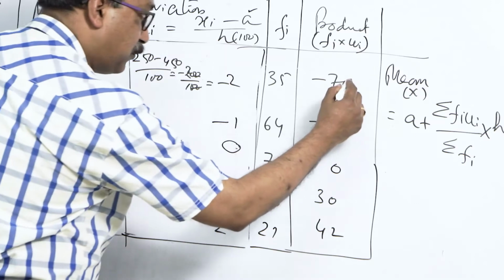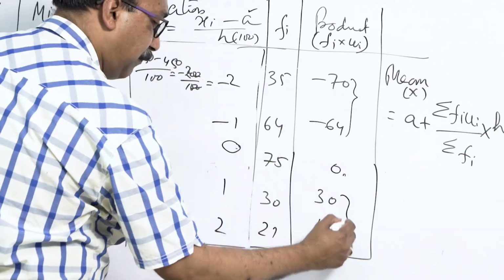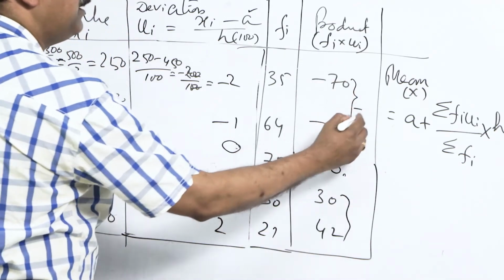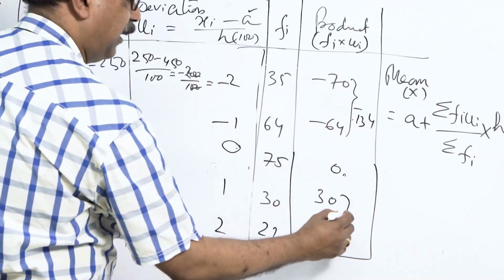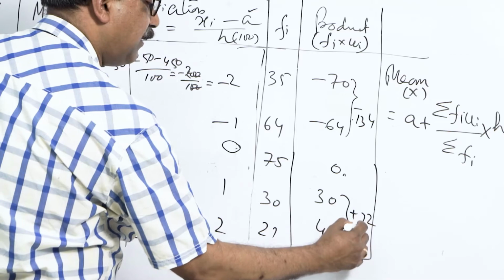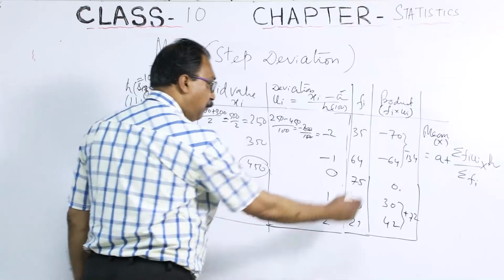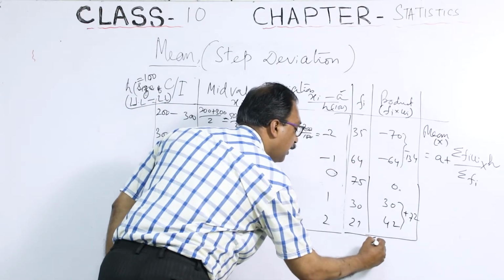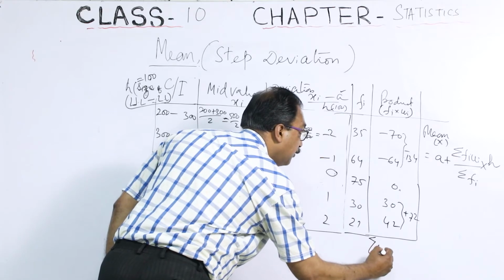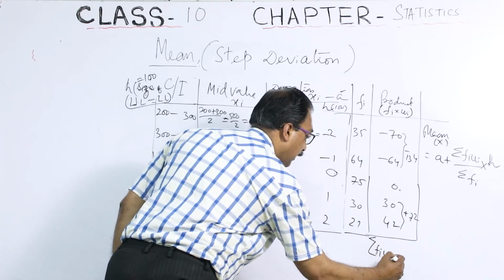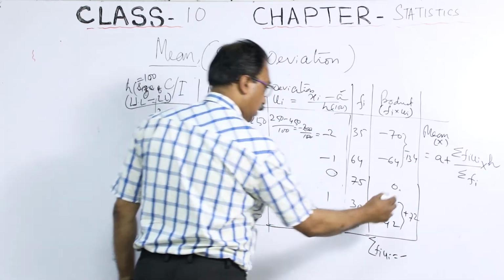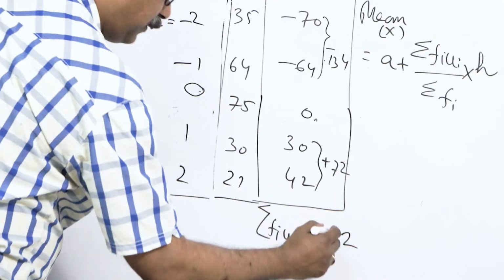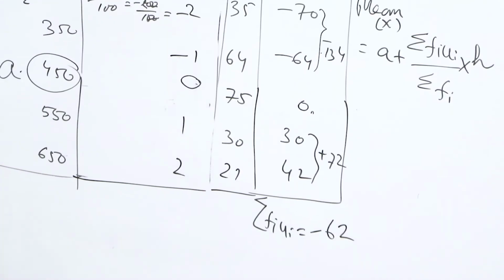So add the plus 1, add the minus 1, add the plus 1. Minus how much it is to be? 4, minus 134, and here plus 2, 72. Now both are different sign means subtract. So sigma A phi into Ui, the minus value comes because bigger number is minus, subtract it, 262 comes, okay.